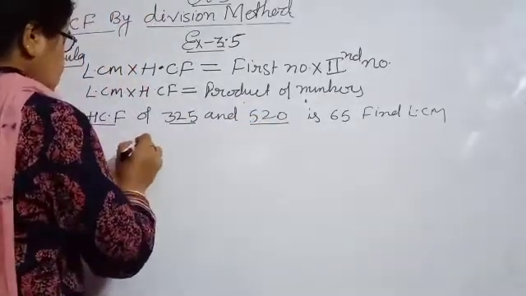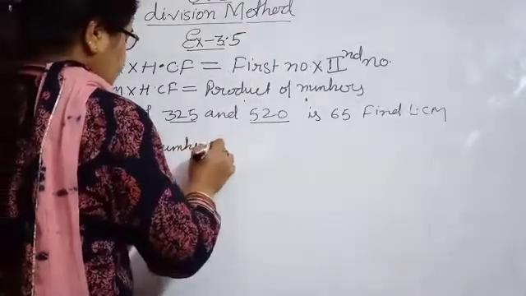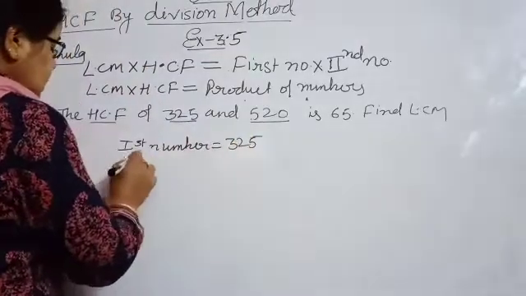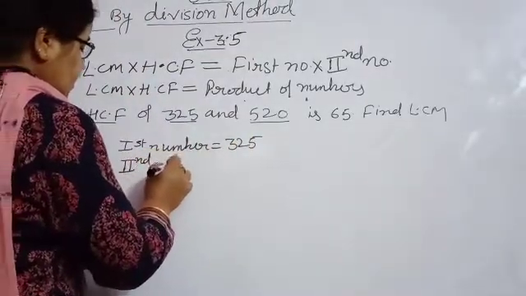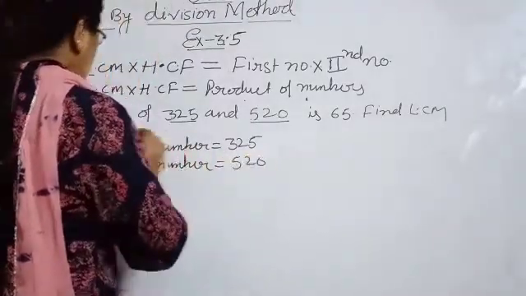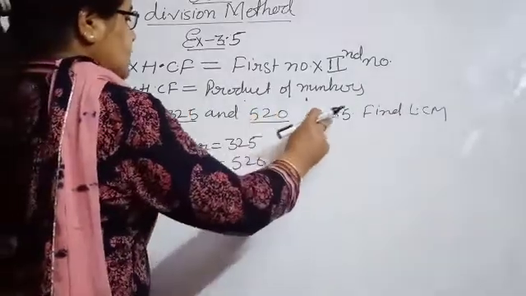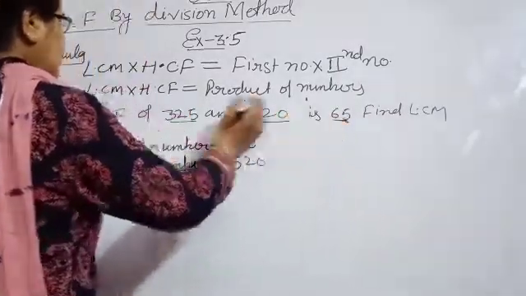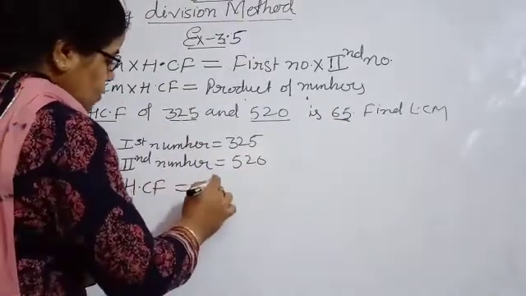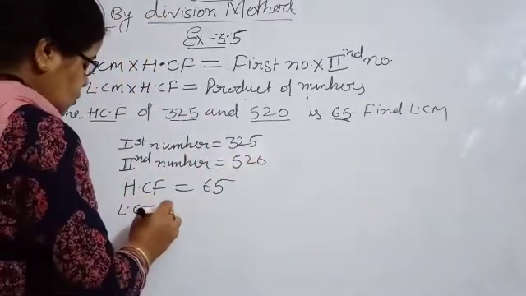First number is equal to 325, second number is equal to 520. And the HCF of first number and second number is 65. Find the LCM.